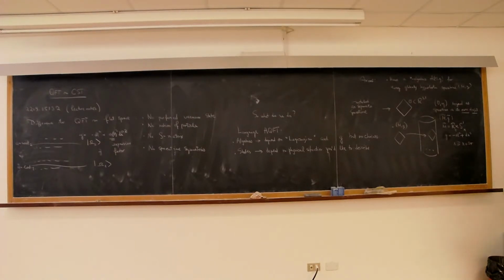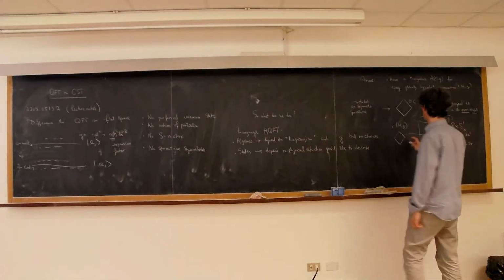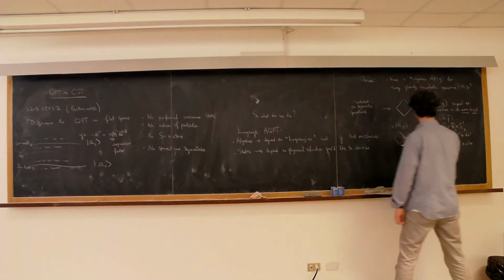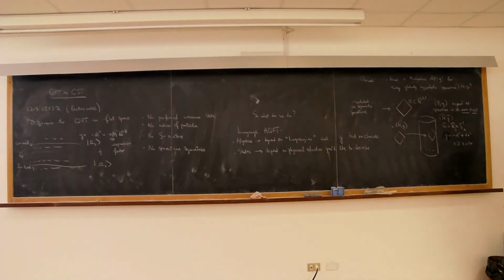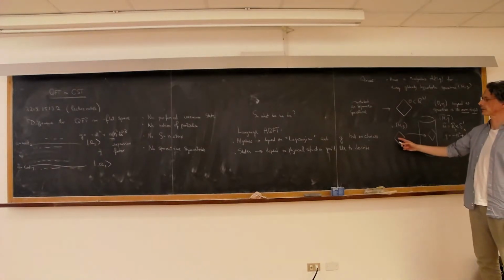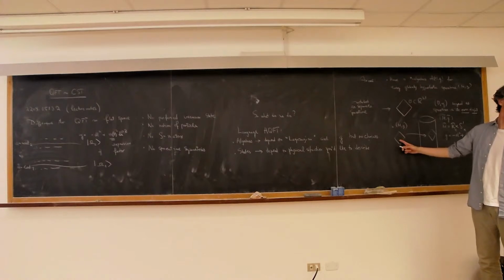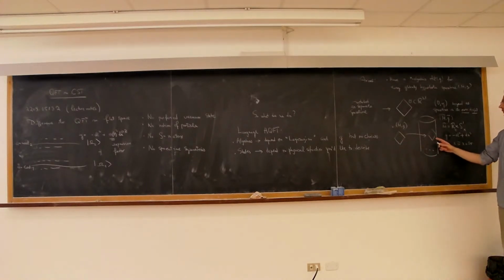So you can imagine you have an embedding: a piece of flat space, causally completed, embedded in here. You want to say that if you figured out your quantum field theory in this region, then you figured out the part of the quantum field theory in that bigger space-time restricted to the small region.